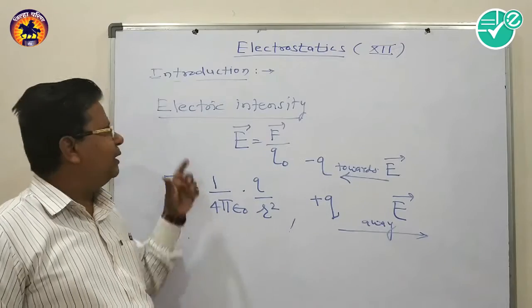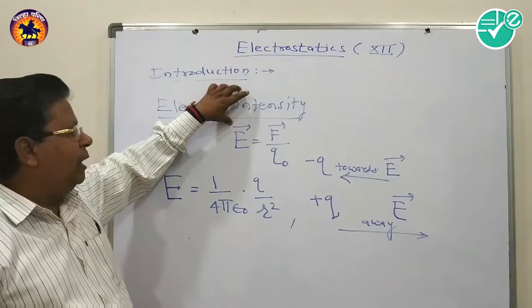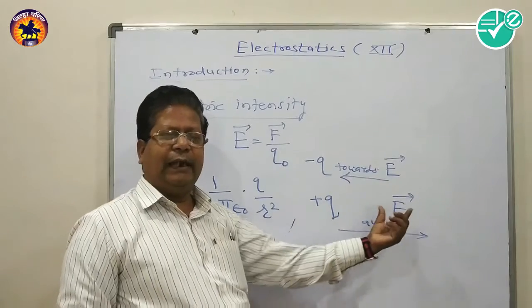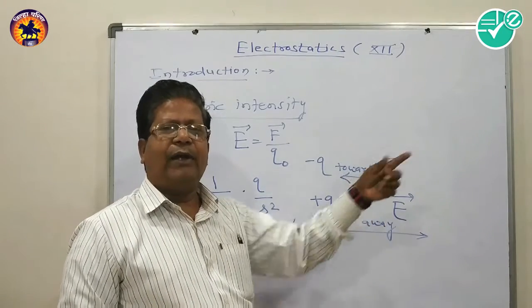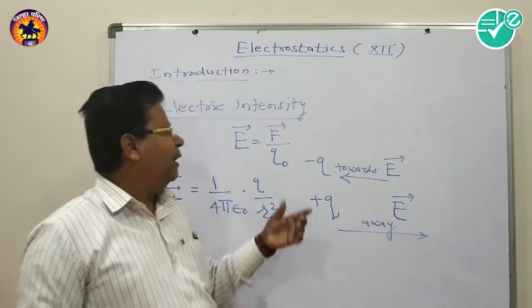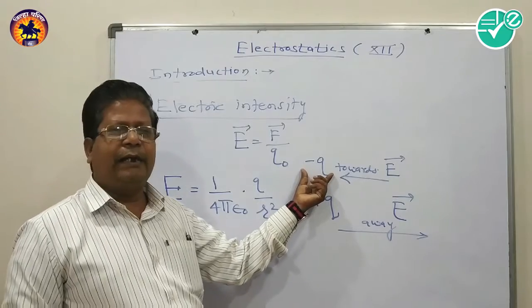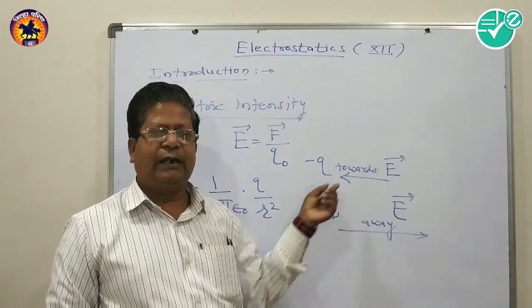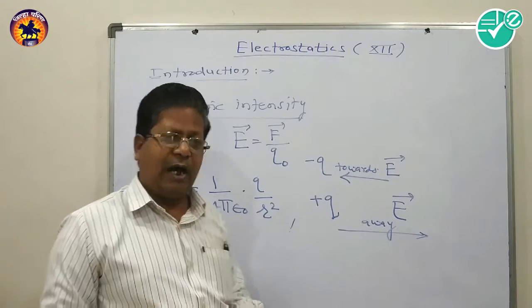As the electric intensity is a vector quantity, if the charge situated in a medium is positive, then the electric intensity is directed away from the charge, and if the charge is negative, then the electric intensity is directed towards the charge.